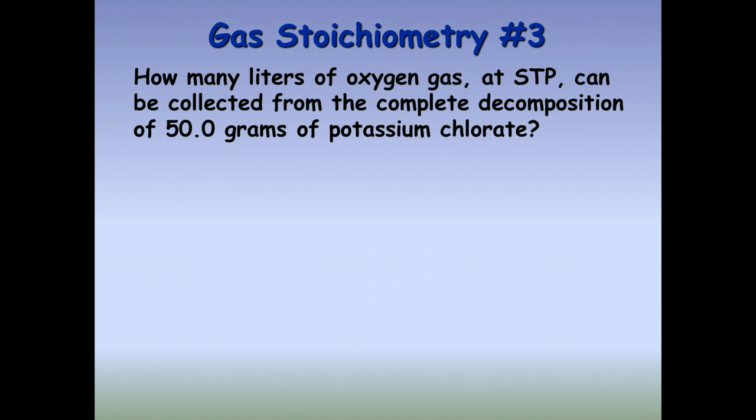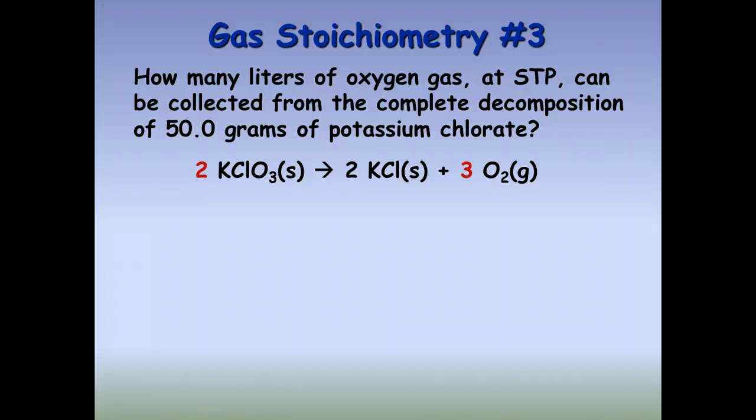Next question. How many liters of oxygen gas at STP can be collected from the complete decomposition of 50.0 grams of potassium chlorate? First, you need an equation, and you have to balance it. After we have that, we're going to use a little stoichiometry where we start with grams, and we're going to go to liters of a gas.